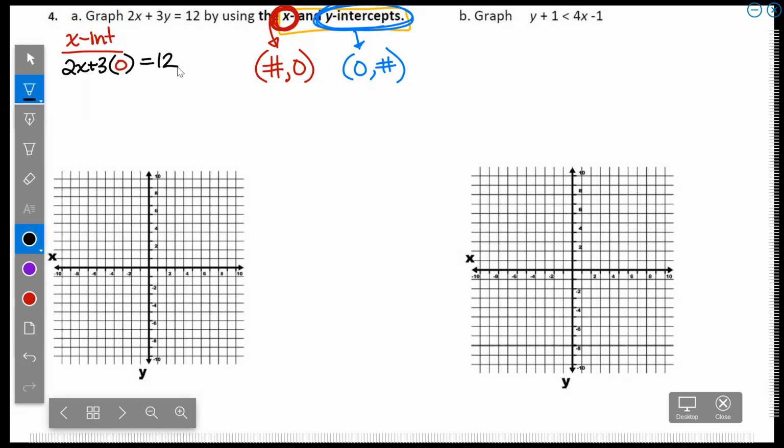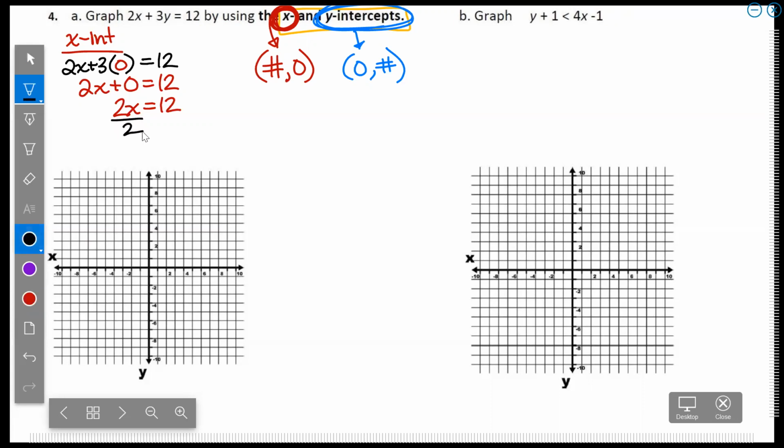What's 3 times 0? 0. So I have 2x plus 0 equals 12. If I minus 0 from both sides, what will I have over on the right? Still 12. 2x equals 12. How do I get x all by itself now?